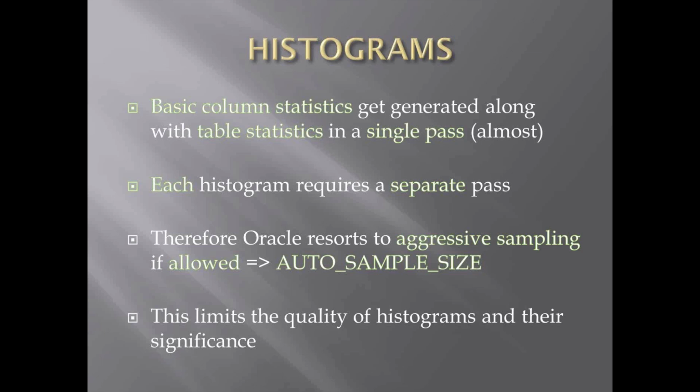But the point is, each histogram that you generate, this additional information for a column, requires a separate pass on the data. Therefore if Oracle is allowed to do it, if you use this default AUTO_SAMPLE_SIZE option, then histograms will be generated with a very aggressive sampling, which means that Oracle will only look at a very small number of rows to generate the histogram. This is probably simply in order to not lose that much time gathering the histogram information.